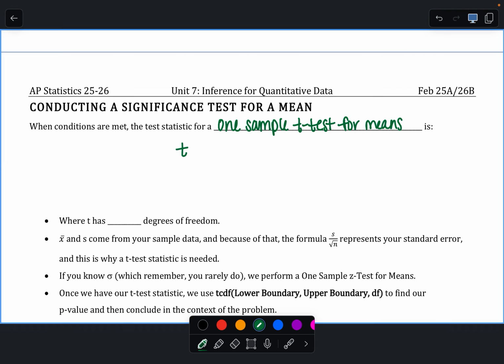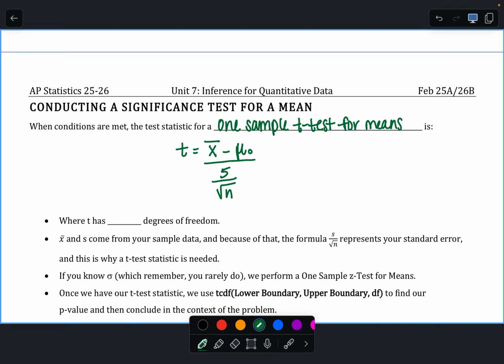So t is going to be equal to x bar minus mu naught, and that is coming from the null, over the standard deviation over the square root of n. Now, again, most likely you're not going to have to use the formula yourself on an FRQ.